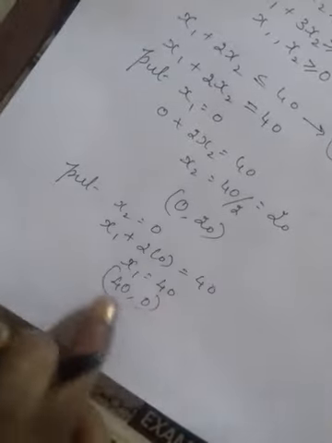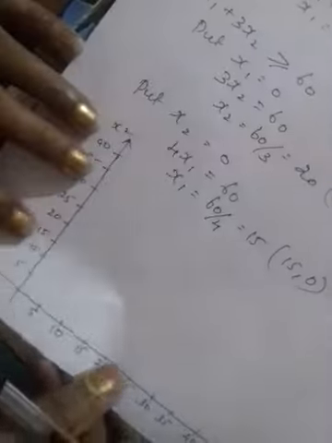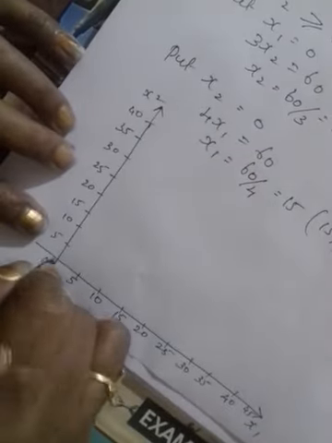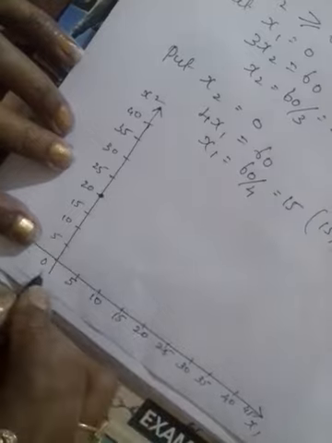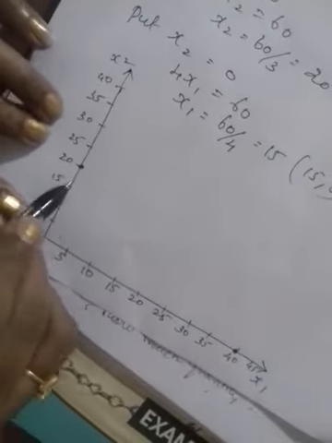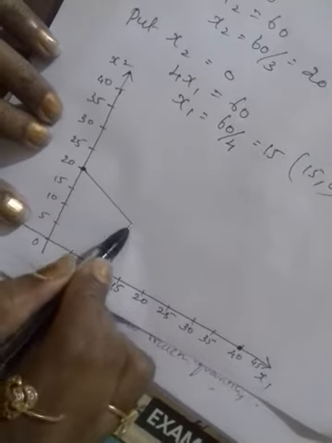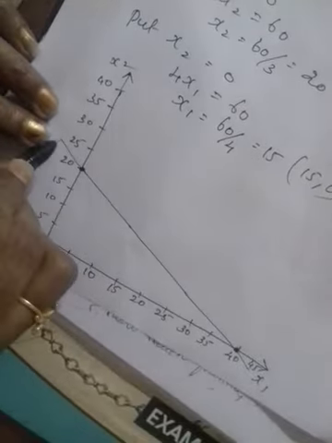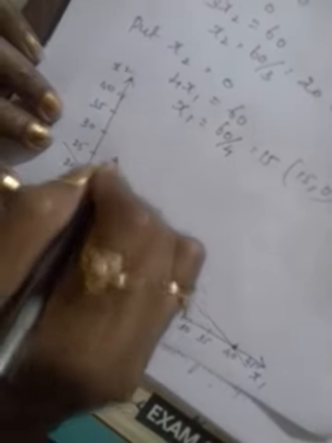So what is the first coordinate? Your first coordinates are 0 comma 20 and 40 comma 0. So 0 to 20 on this axis and 40 comma 0 here. Now we have to join these two points. This is for equation 1.